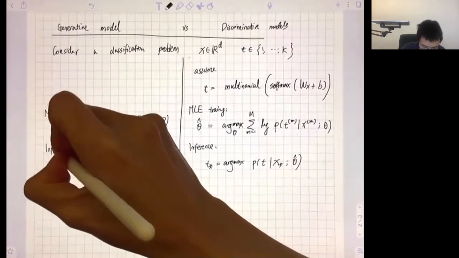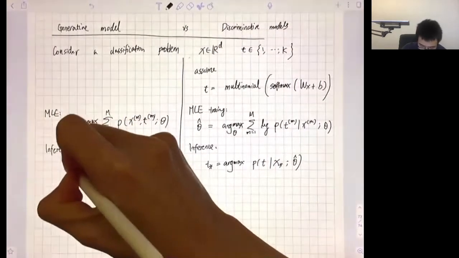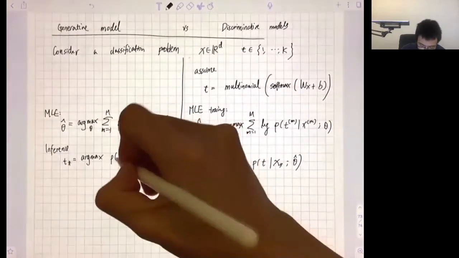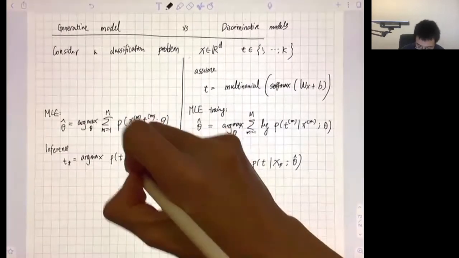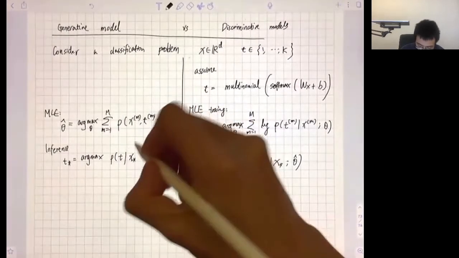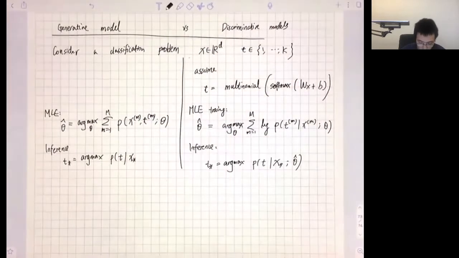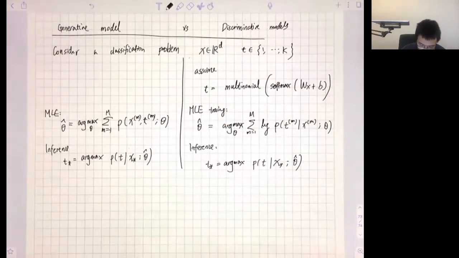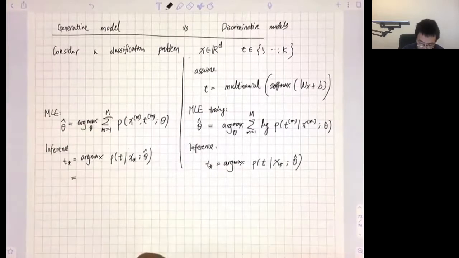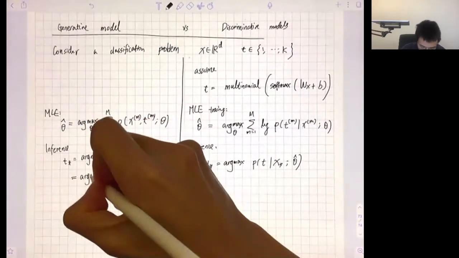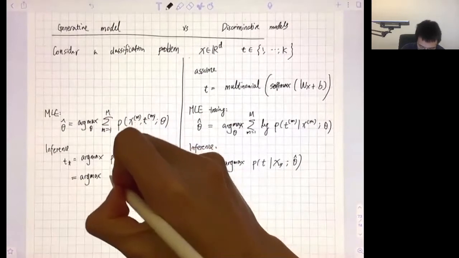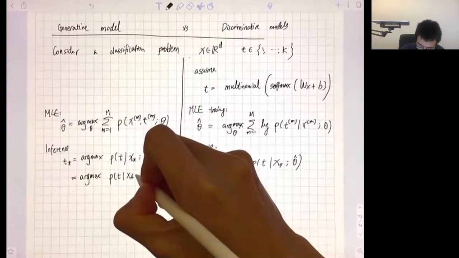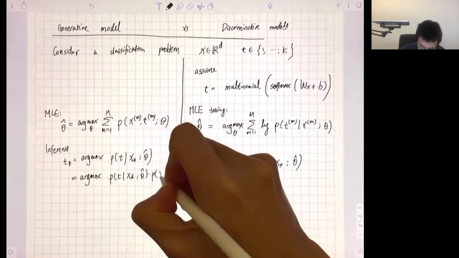But for inference, we still have the max a posteriori inference, because the max a posteriori inference gives you the minimum expected loss, okay? So if you care about the accuracy or the error, then you'd rather pick the category that is most likely given that feature. And we know that in this case, the probability is the same as p of t given x star times p of x star, right?